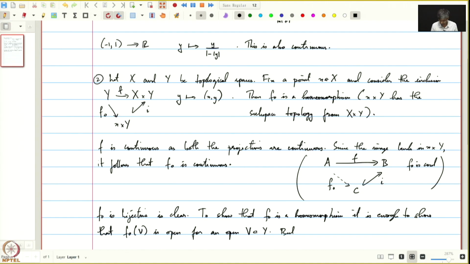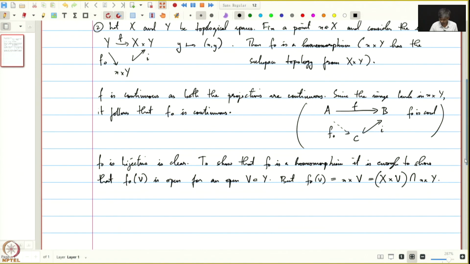But f naught of V is exactly equal to x cross V, and this is equal to the open set X cross V intersected with the subspace x cross Y, right? Thus f naught of V is open, which implies f naught is a homeomorphism. Okay, so this completes both the exercises which were mentioned in the previous lecture.